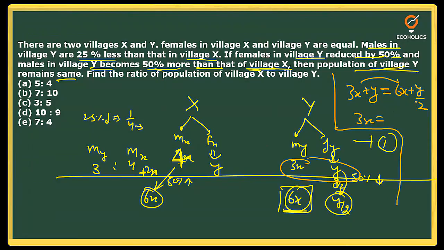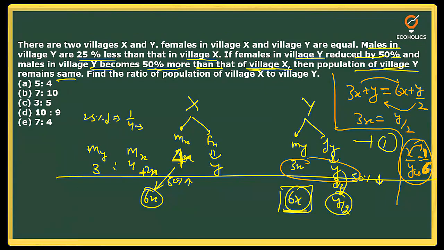And this y by 2 comes to this side, so it will be y by 2. So from here you can write x by y is 1 by 6 actually. So x is 1, y is 6.